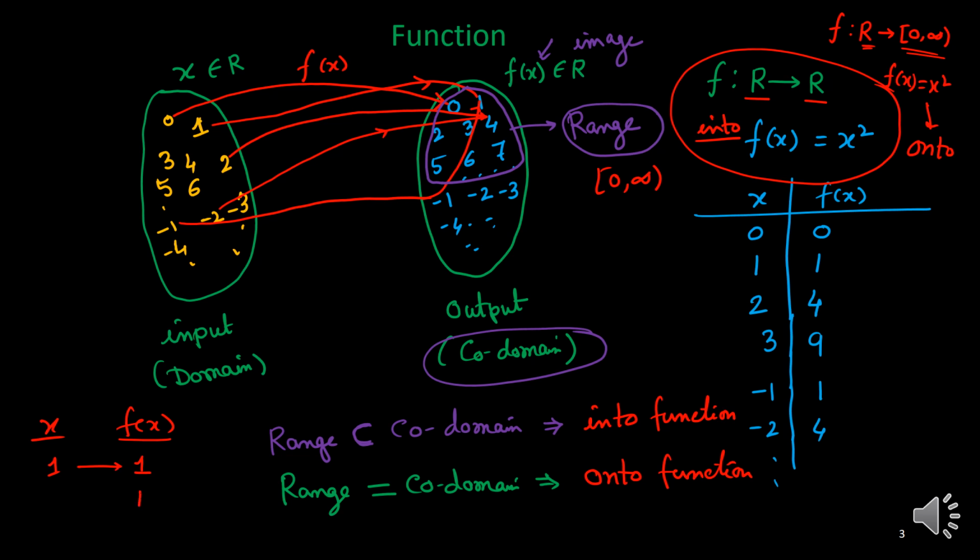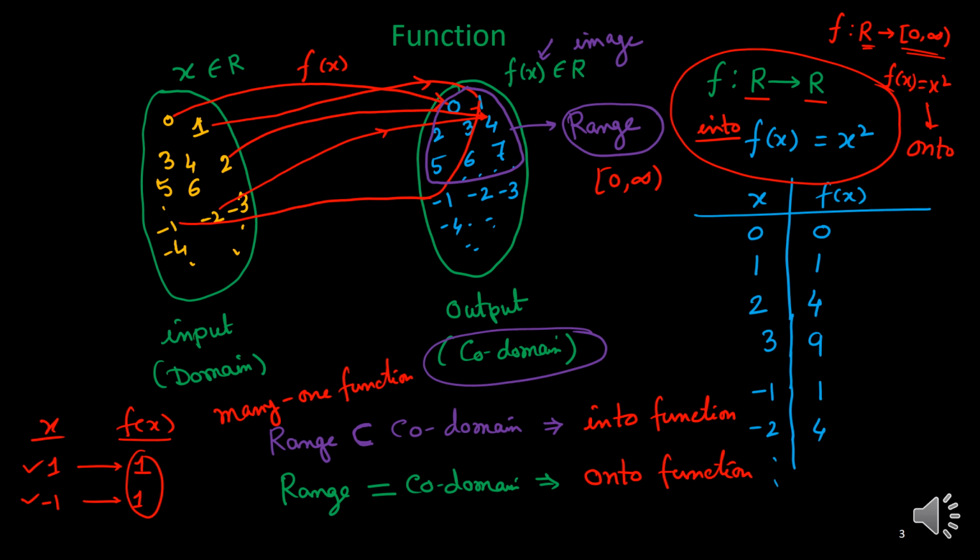Again, I can get the same value from the input minus 1. So there are two possibilities to obtain the same image from two different inputs. That is called a many-to-one function.